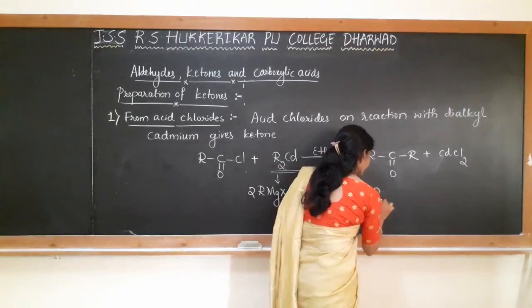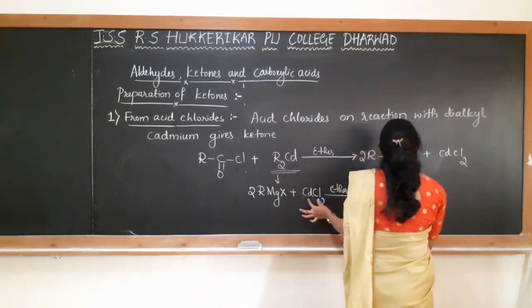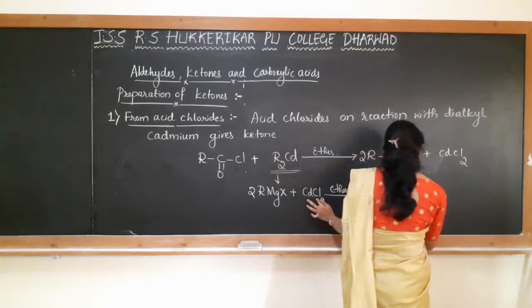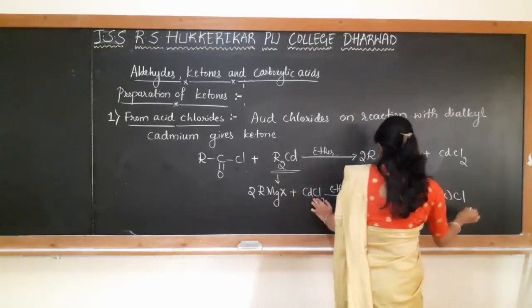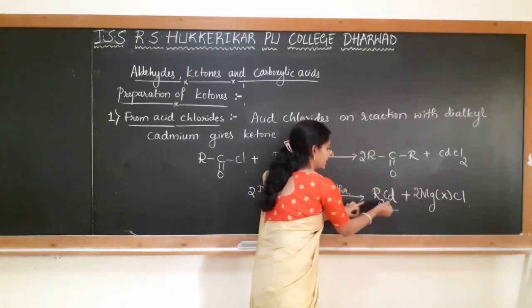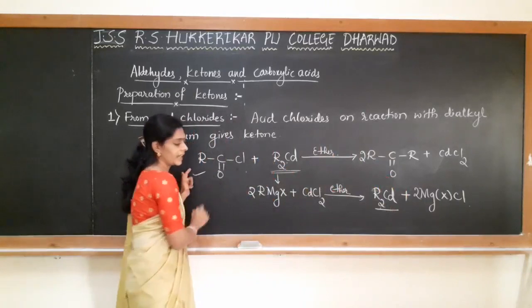Dialkyl cadmium is formed by the reaction between Grignard reagent and cadmium chloride. So this is how we get the dialkyl cadmium. This is used in the preparation of ketones from acyl chloride.